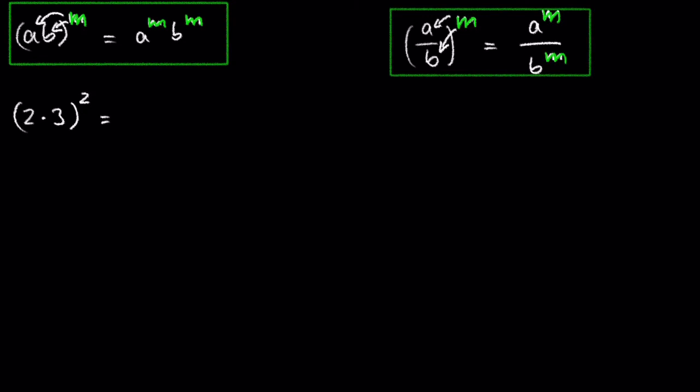The law says we can distribute the exponent to each factor. So we get 2 squared times 3 squared. Two squared is 4 and 3 squared is 9. And 4 times 9 is 36.